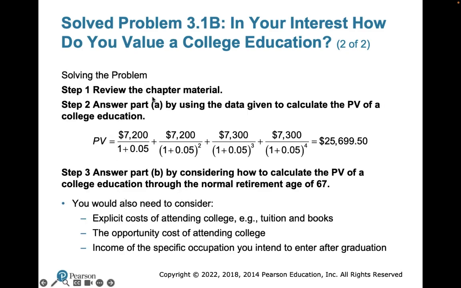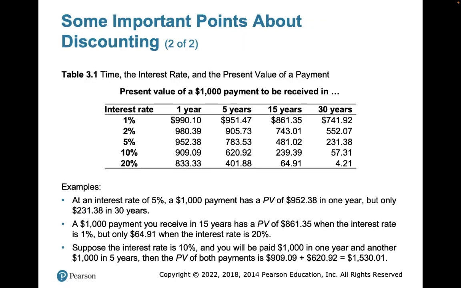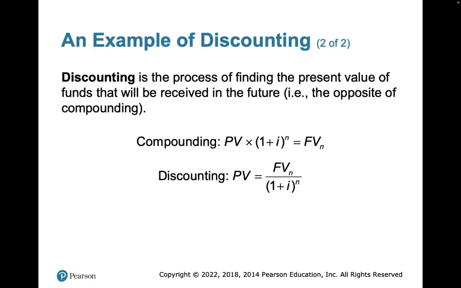Review the chapter material. Answer part A by using the data given to calculate the PV of a college education. We already know the formula, right? Present value multiplied by 1 plus i, just like that.